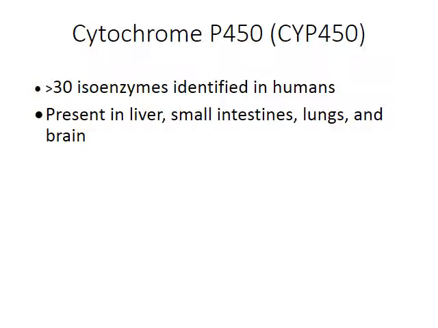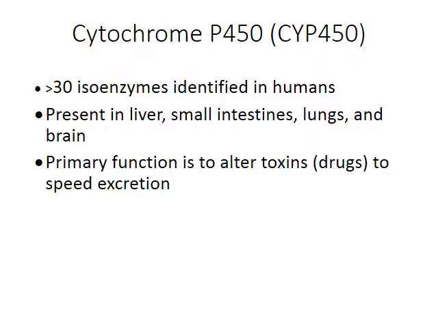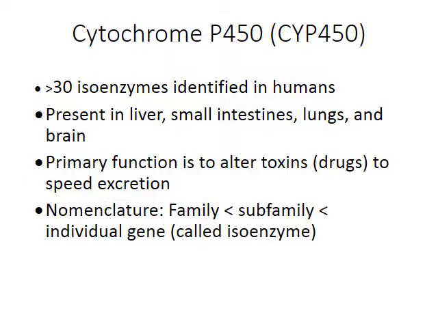So you don't only find them in the liver. The vast majority of them are in the liver, but you can also find isoenzymes in your small intestines, lungs, and even in the brain. And their function is to alter these toxins or drugs or to speed excretion. So if you think of a large recycling factory, they are the ones who are actually going to take that particular medication or substance and change it, wrap it, break it down, and make sure that the body can get rid of it.